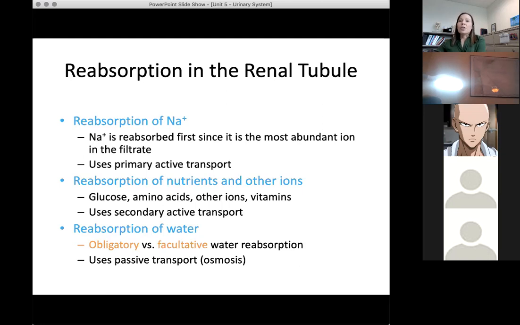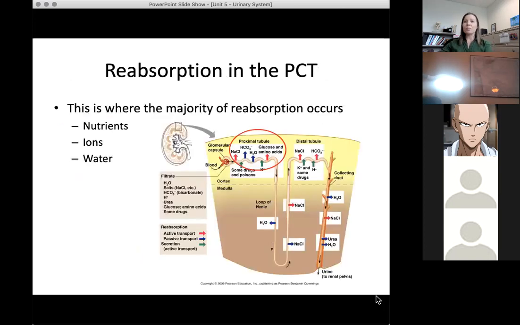Okay, so reabsorption occurs primarily in the PCT, the proximal convoluted tubule. And in your outline, you can just fill in the percentages of the various substances that get reabsorbed here. So here in the PCT, 100% of glucose, amino acids, and lactic acid are reabsorbed.